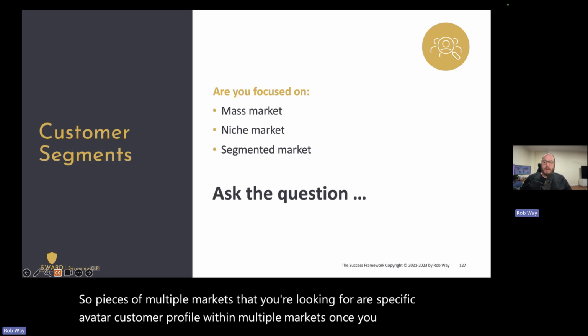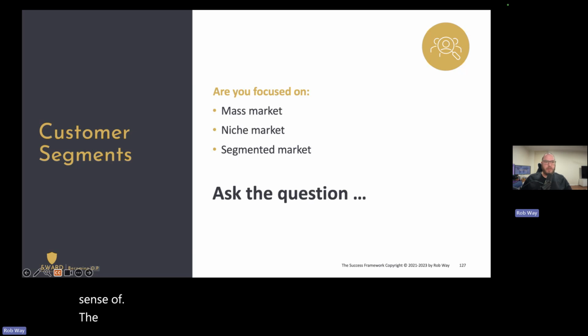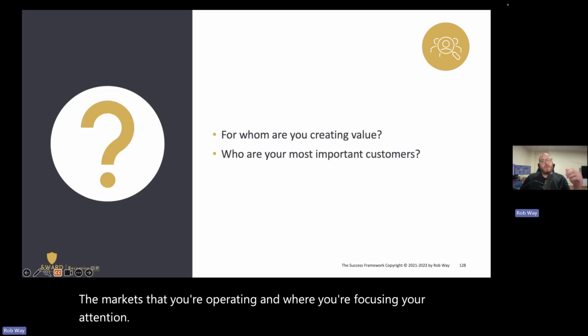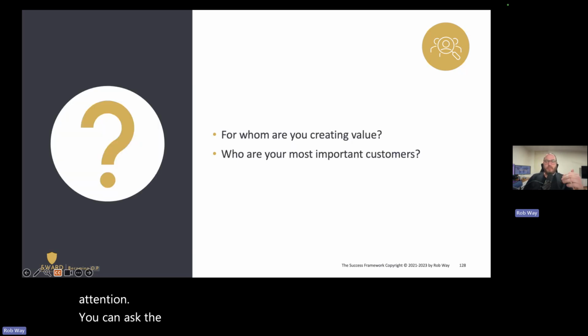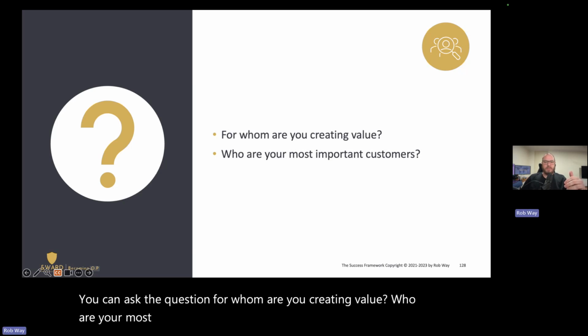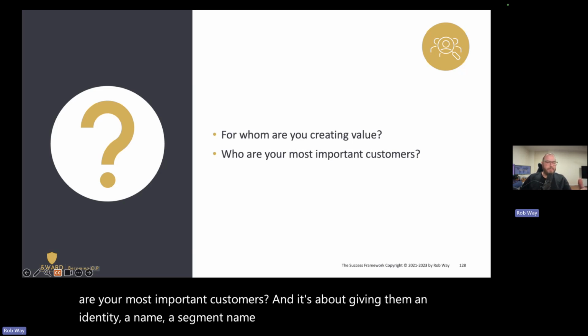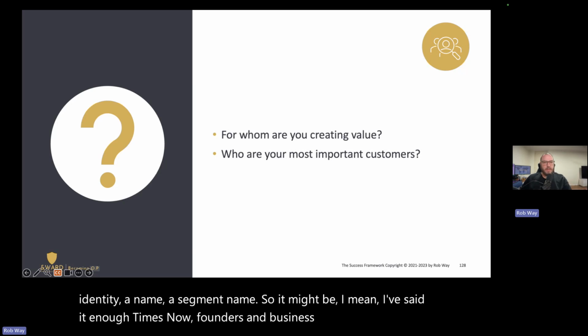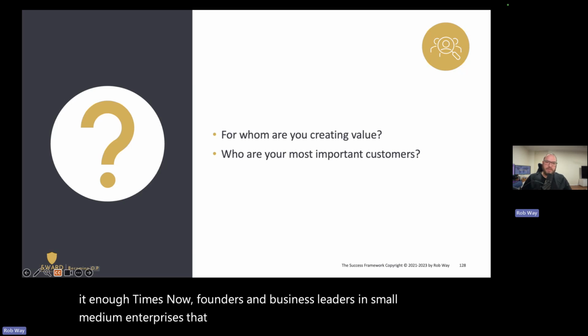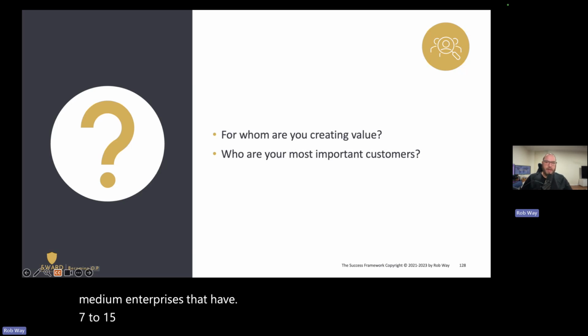Once you get a sense of the markets that you're operating in, where you're focusing your attention, you can ask the question: for whom are you creating value? Who are your most important customers? It's about giving them an identity, a name, a segment name. So it might be, I've said it enough times now, founders and business leaders in small, medium enterprises that have 7 to 15 staff and are highly successful, but built off founder grit.